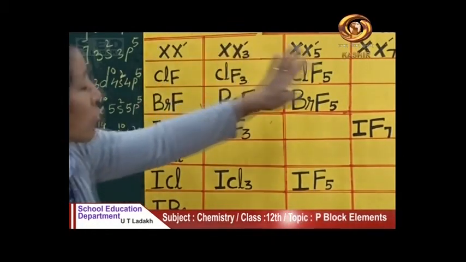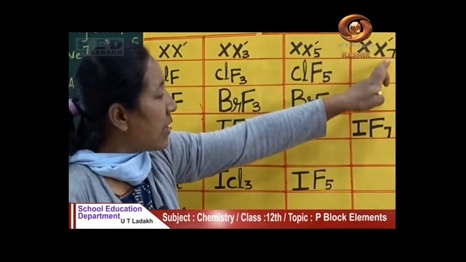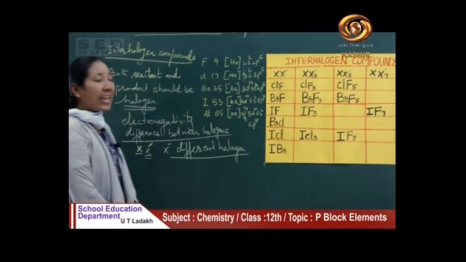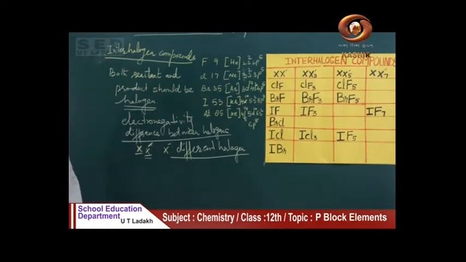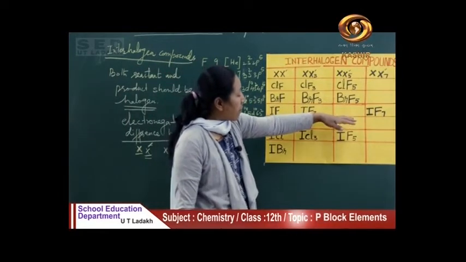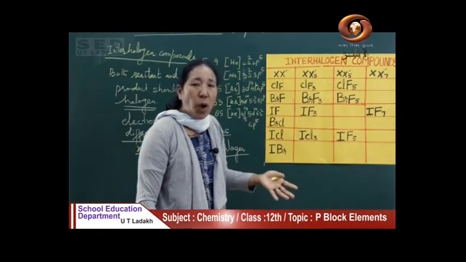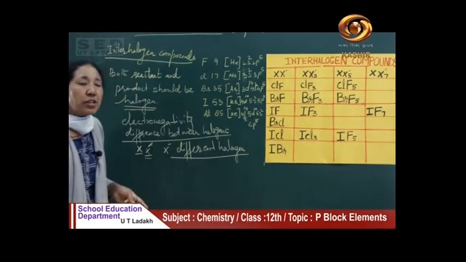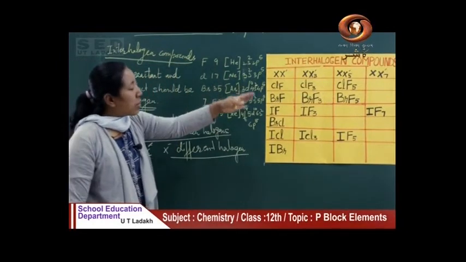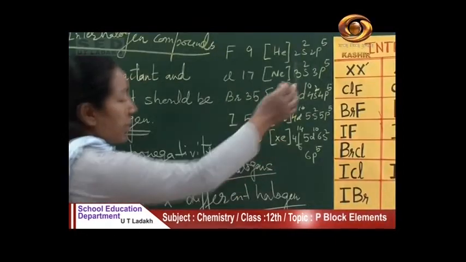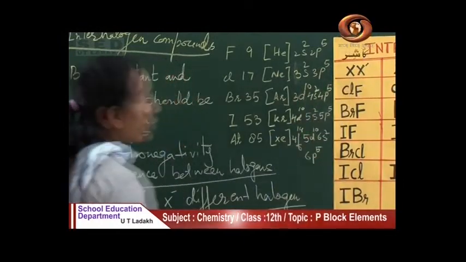And in the case of X dash 7, we have only one example, that is IF7. In all four types, the main important point you have to remember, students, is that the electronegativity should be different among the structures.